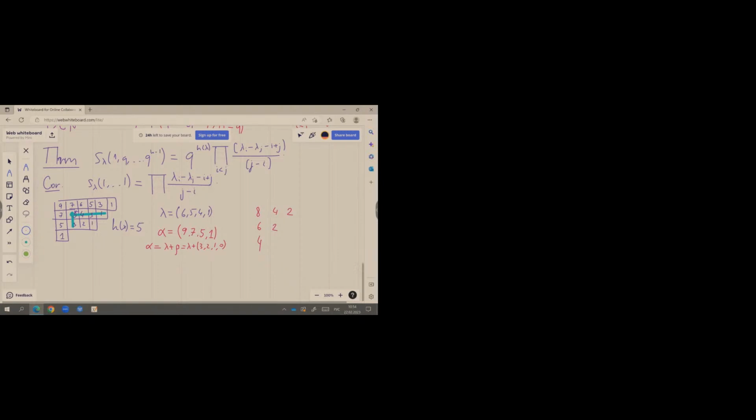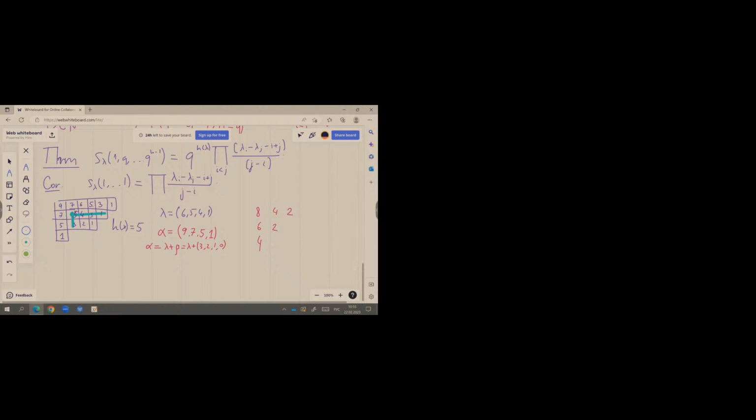Right, so the number disappears. Let's see what happens here. In the first row, 2 is missing, and this row is shorter than the previous one. Again, we have 3, 5, and 4 is missing, and this third row is shorter than this one. 6 is fine, 7 is fine, because we're still going along this third row.